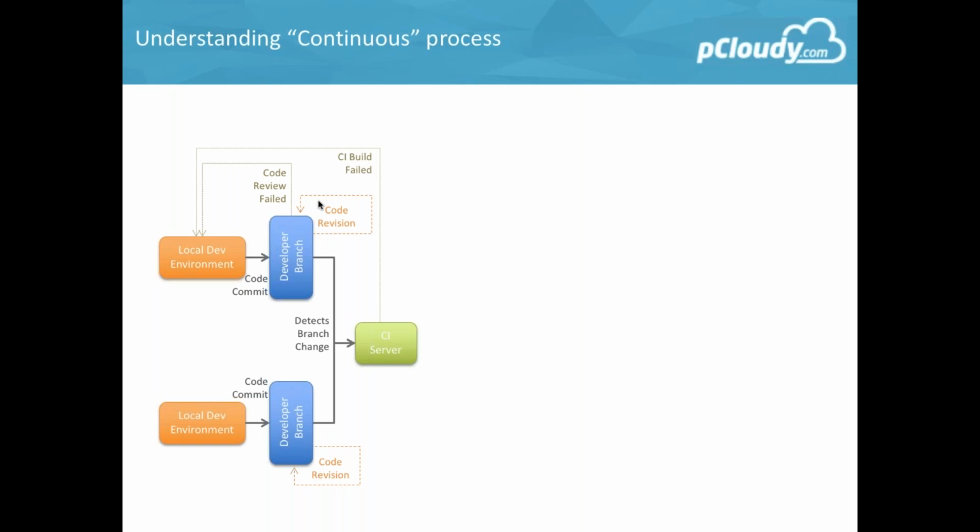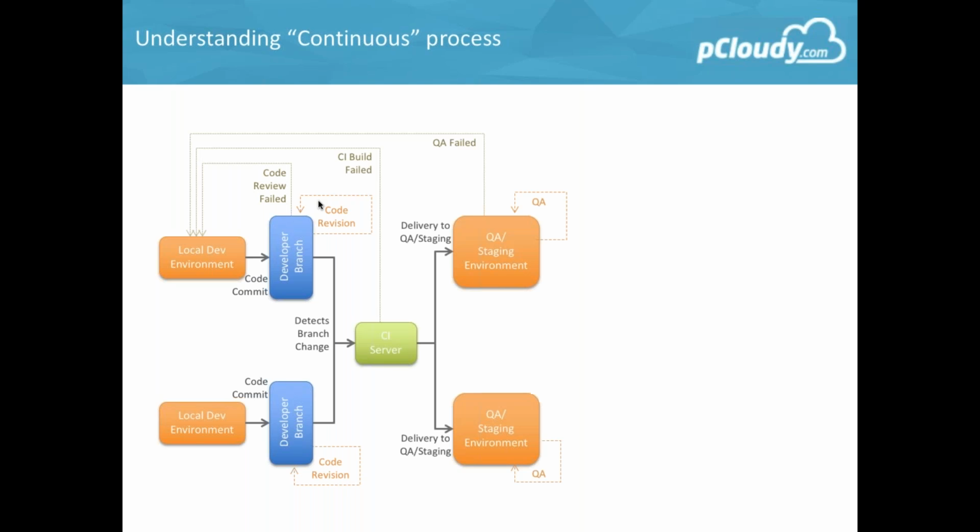As soon as this stage is complete, the CI server automatically pushes the code to a staging environment or a QA environment. That terminology can be different from organization to organization. But in the second stage, the CI server automatically pushes the code from the developer branch to the QA or staging environment.